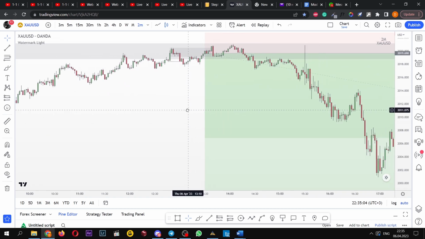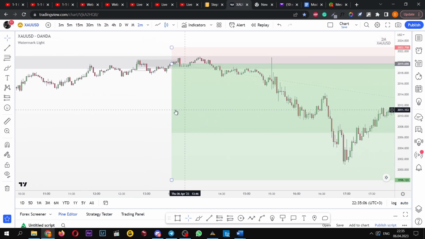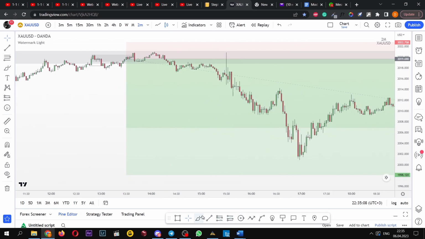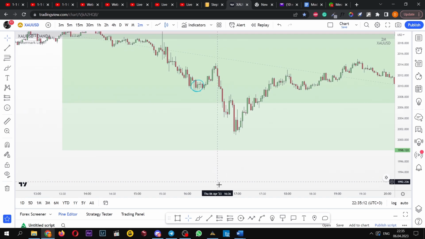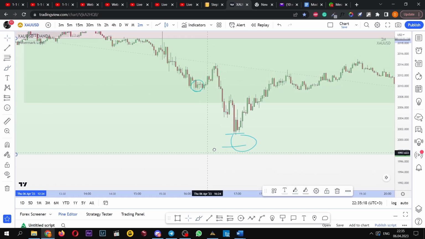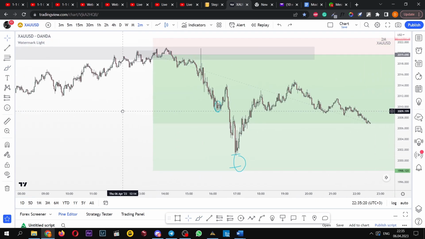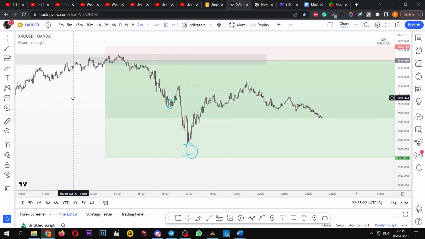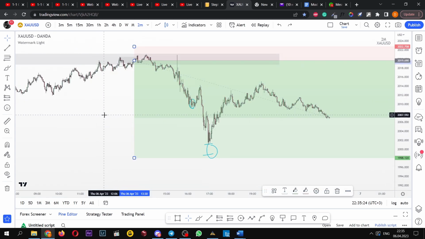The same on 1 minute. Entered here, went to break even somewhere here. Unfortunately, it didn't reach the target of 7R. Really unfortunate, but still managed it, and we'll leave it for all over.